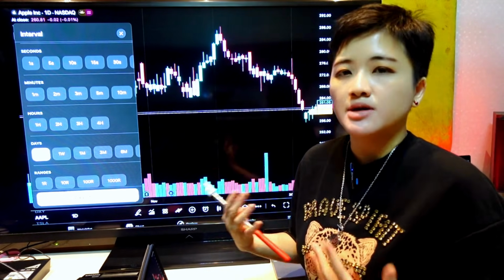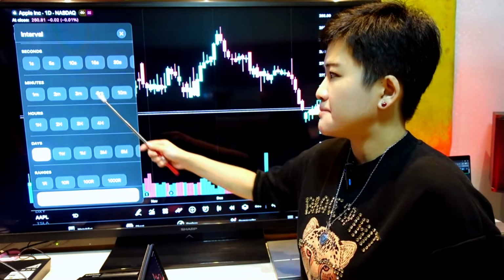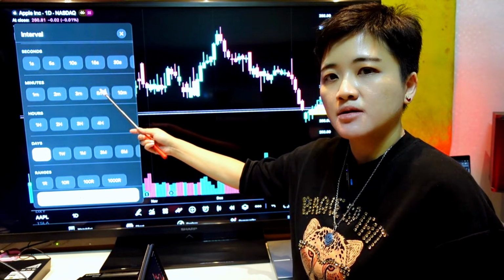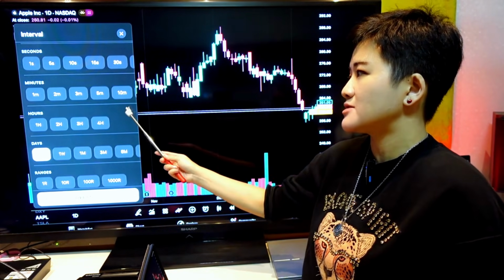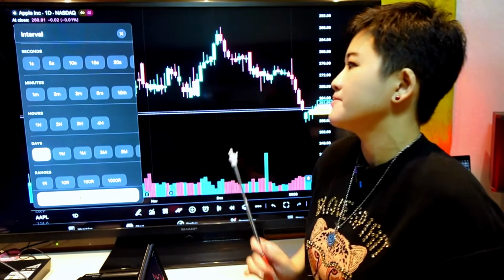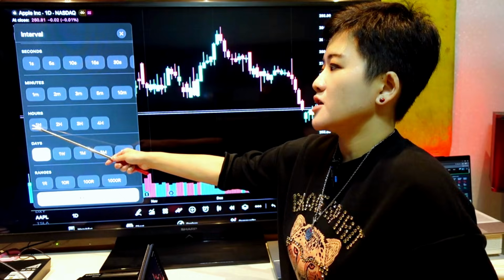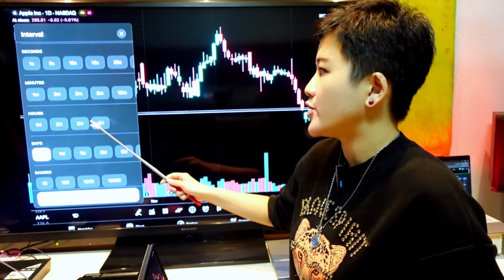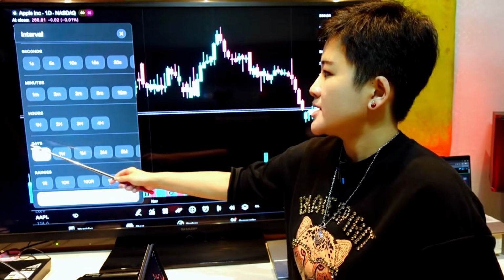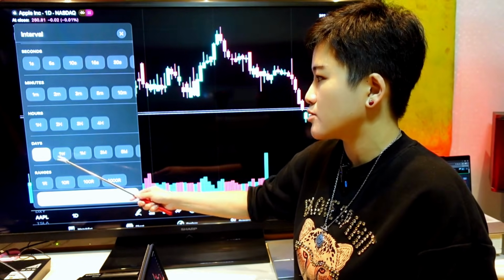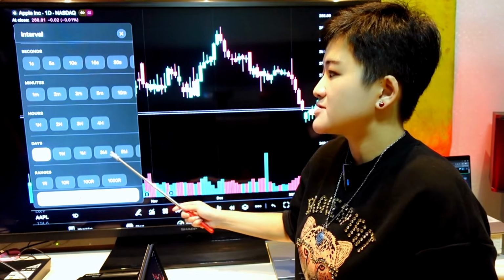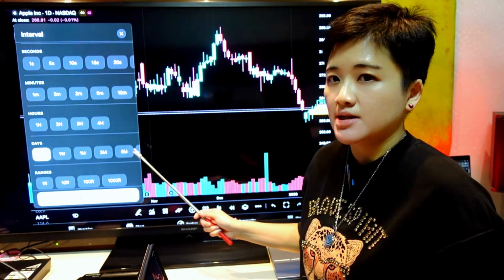So in trading, you would have the minute charts. Typically the 1 minute chart is very common, 5 minute, 30 minute, 15 minute. And for hours, normally we have 1 hour and 4 hour, which are super common. And for longer time frames, you would have 1 day, 1 week, 1 month, 3 months, 6 months. And this is for long-term investing, okay?